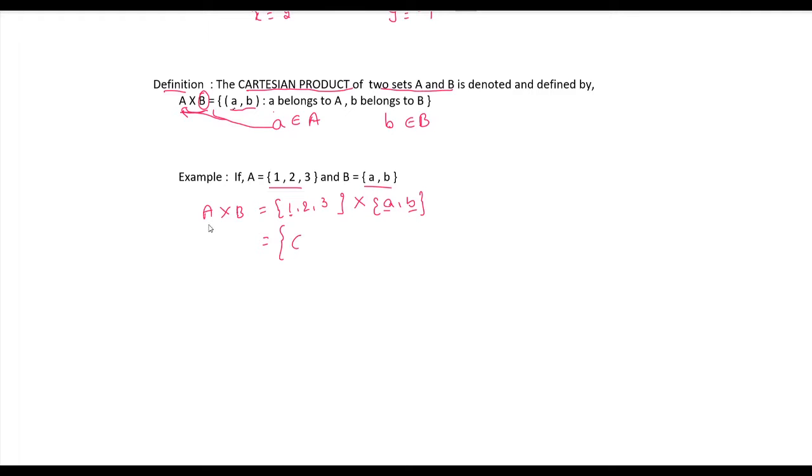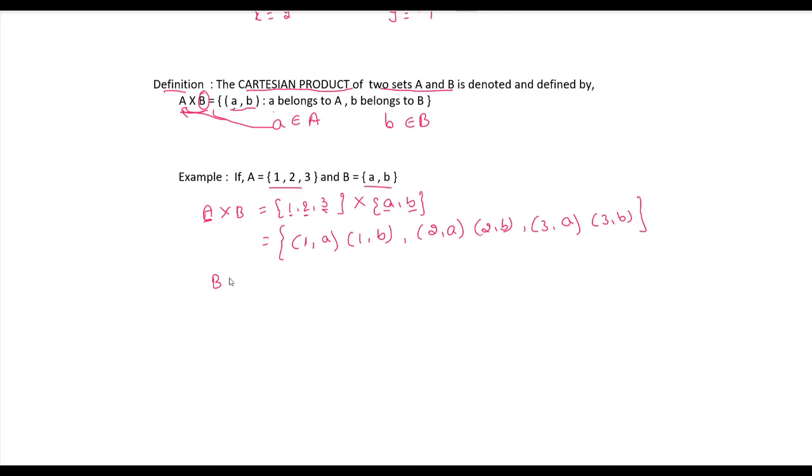We know that if A is the first set in A cross B, then the ordered pairs should have 1, 2, 3 as the first element. So it is (1, a), (1, b). Now the second element of the set A, that is (2, a), (2, b). Now the third element, which is (3, a), (3, b).